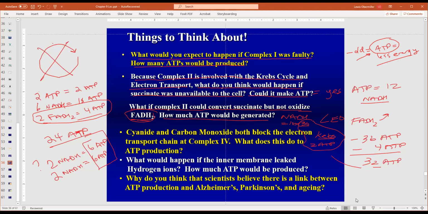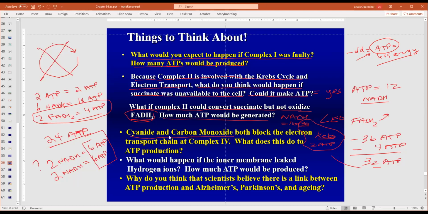What do you think is wrong with them? It's not oxidizing. Yeah, complex 2 is messed up. And so you wouldn't be able to tell that if you didn't know how many ATP you got from FADH2 and how this works.